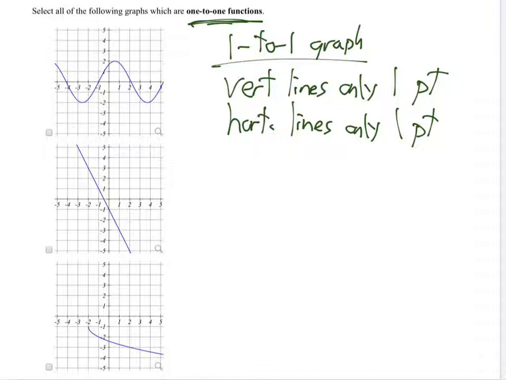So how about this first one? Every vertical line only hits 1 point. That's good. But horizontal lines hit more than 1 point. So no, it's not 1 to 1. It would be a function. It passed the vertical line test, but it failed the horizontal, so it's not a 1 to 1 function.